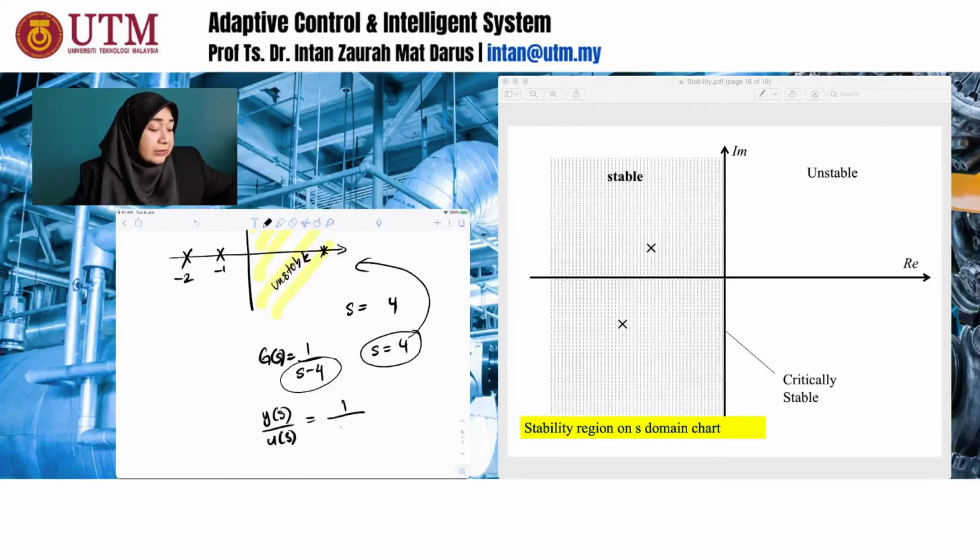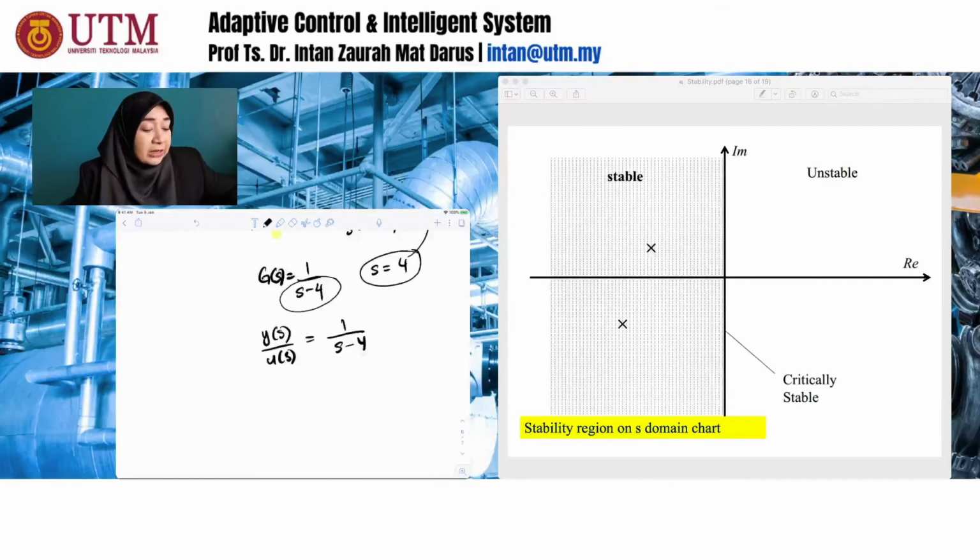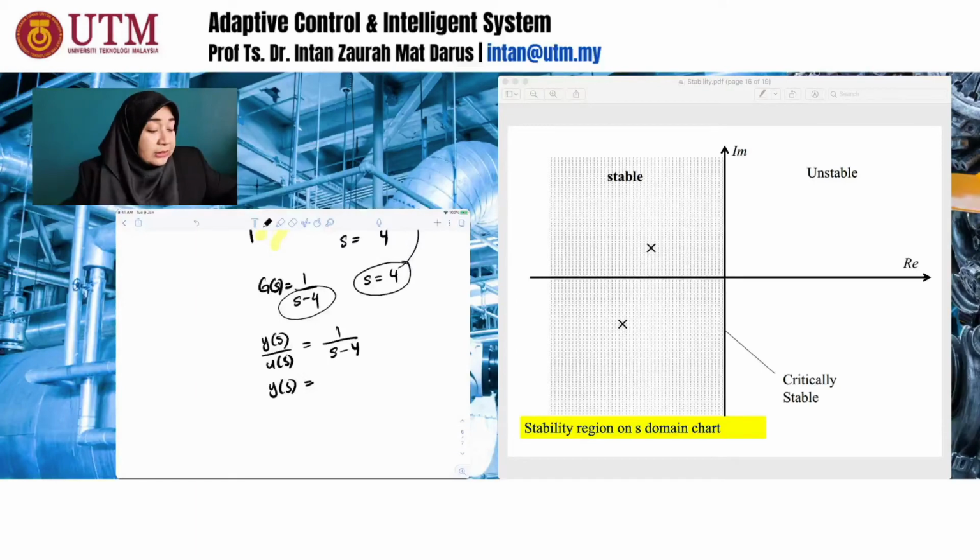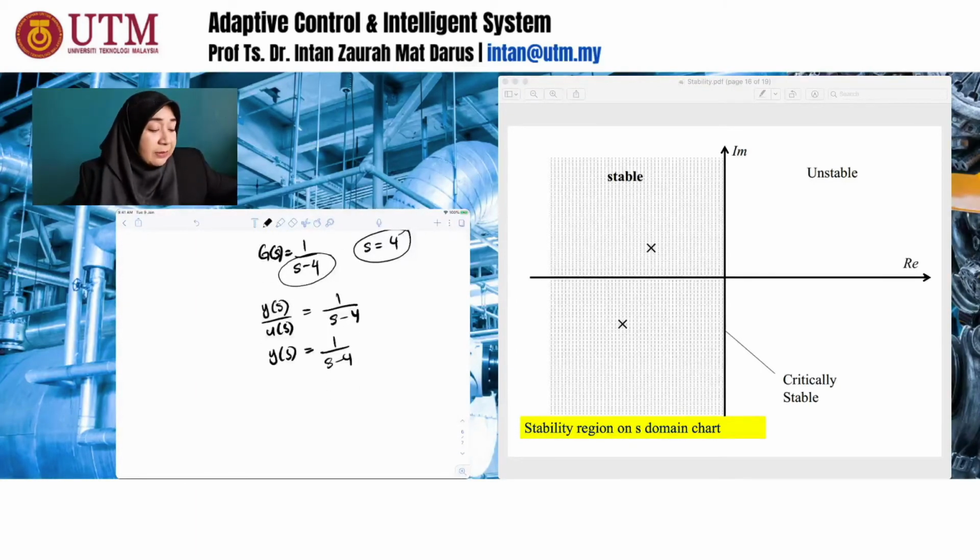One over S minus 4, okay? So if I apply an impulse input with a value of U(S) equals to 1, this is going to give me 1 over S minus 4 multiplied by 1, all right?